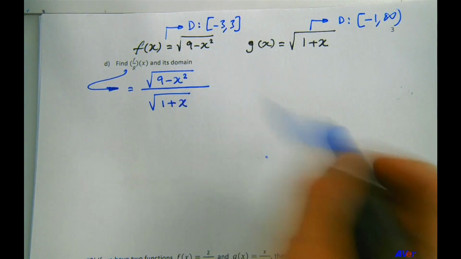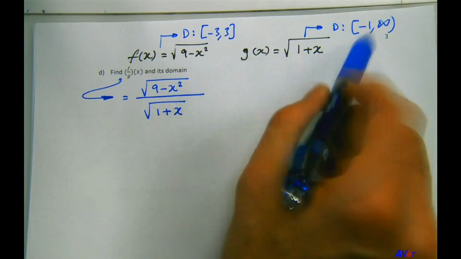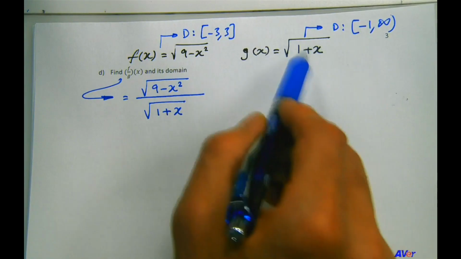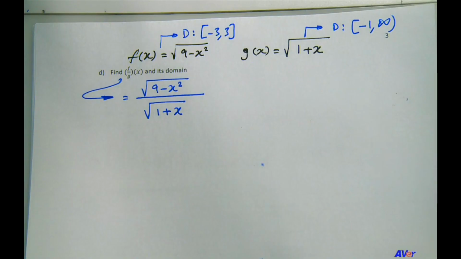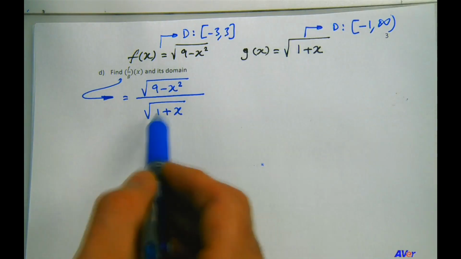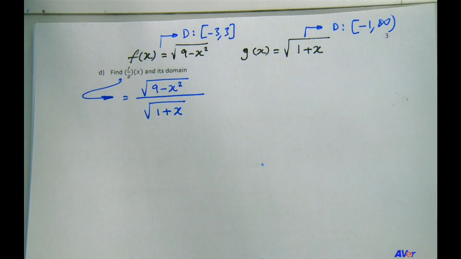We know that because, see, look at the domain of that g of x. It included -1, right? Because the inside of the radical expression could be equal to 0. But since that function ends up being the denominator of this function, we cannot have -1 anymore in that.